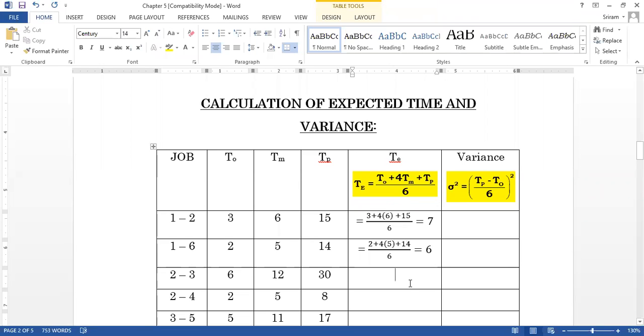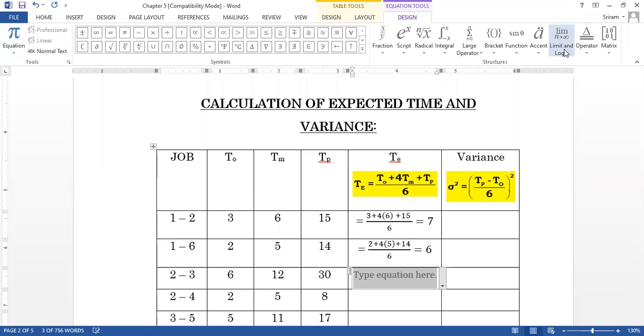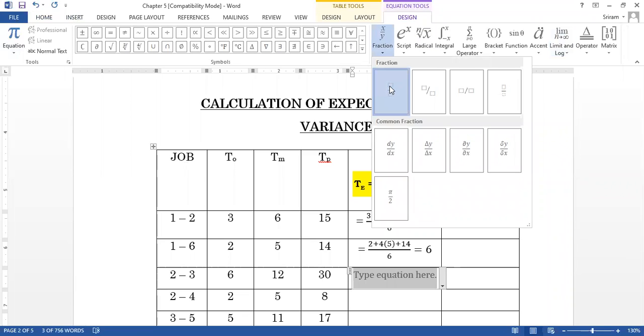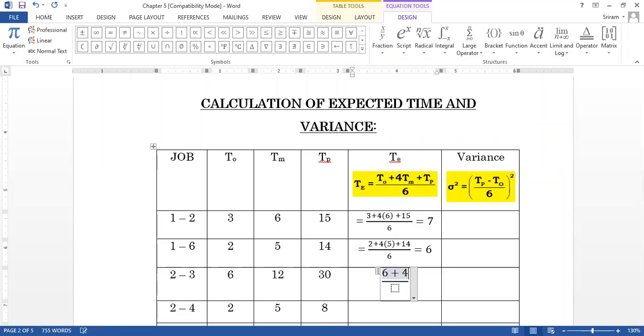The same idea, I am going to find the next answer. Can anyone find the answer and tell me for the third one? If you have the calculator, please find the answer. This is 6 plus 4 multiply 12 plus 30 divided by 6.